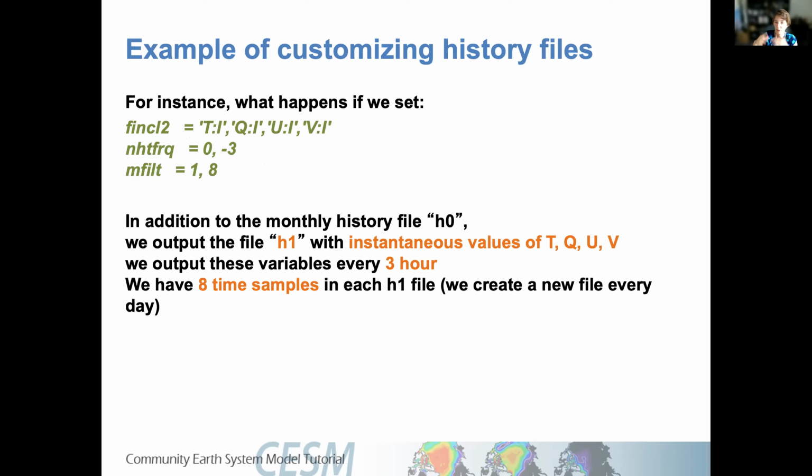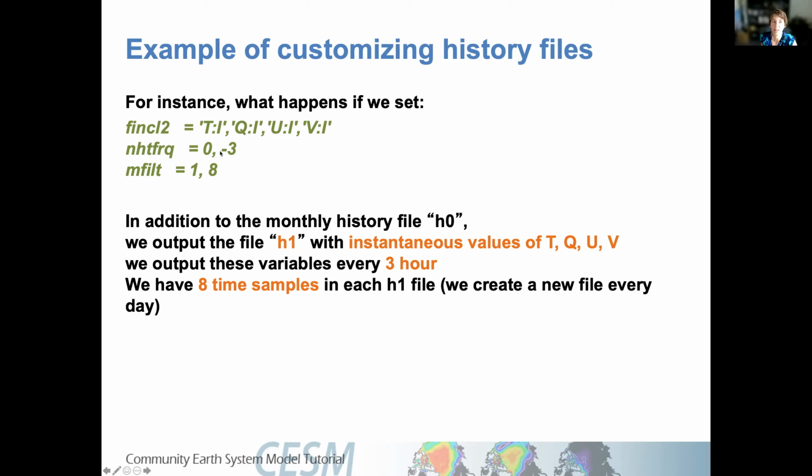We are still going to output the monthly history file h0, but on top of this, we will output a file h1, because we use fincl2, the number 2, and it will output instantaneous values of tquuv. Instantaneous, because you have put this :I, and it's the instantaneous value.